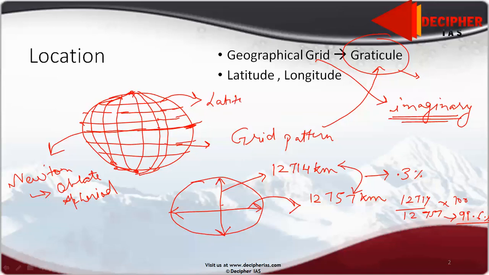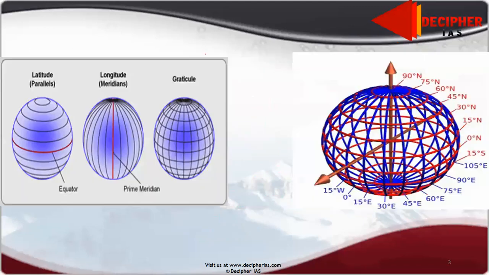Latitude, parallel. And these vertical lines are longitude or meridian. So we move forward and I will explain the rest to you.